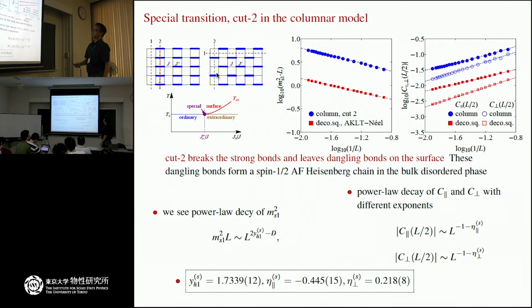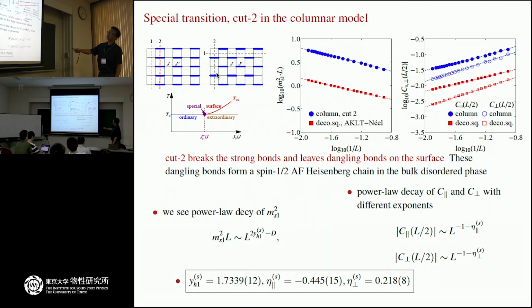Okay, now I come to why we call it engineering, and this is a question. In the columnar model, if we cut this way, then we make the system sit exactly at the special transition. So it's not fine-tuned, we just cut the strong bond. This is proven by these two plots.